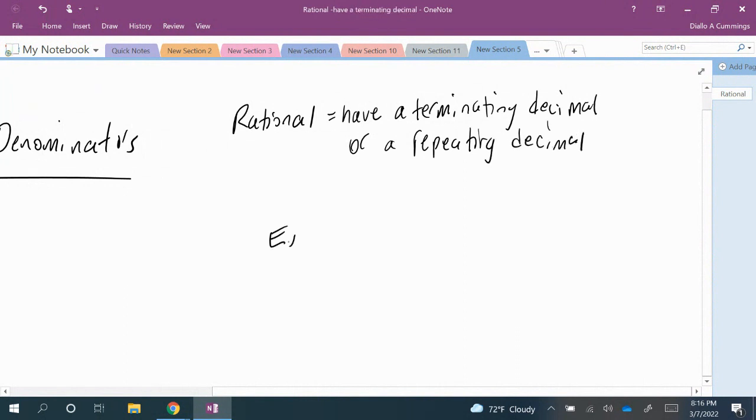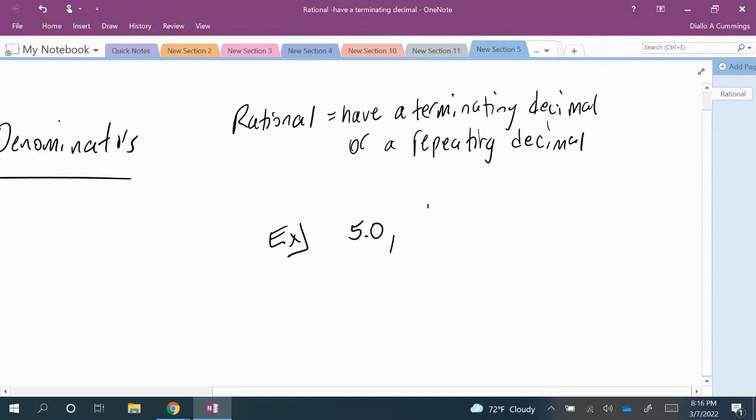Here are some examples. 5 is a rational number because it has a terminating decimal. In the number 5, the decimal is 5.0 and it stops. So that's what a terminating decimal means.